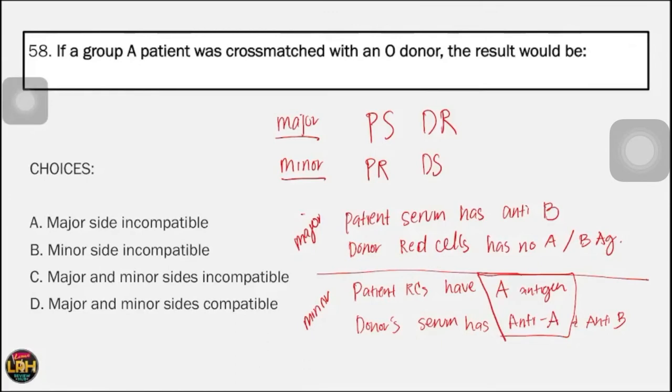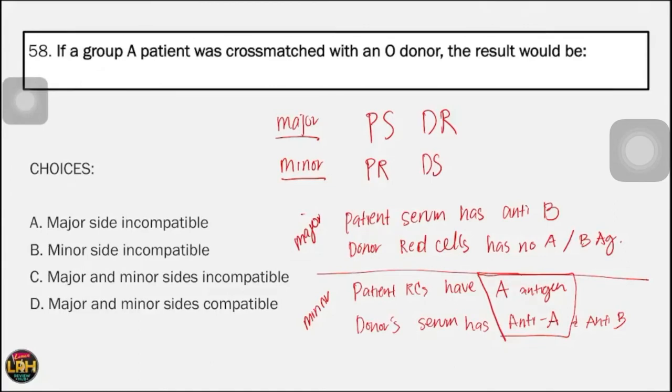So this is an important test before we do blood transfusion. The primary purpose of cross-matching is to detect ABO incompatibilities between donor and recipient prior to blood transfusion. And this is carried out to prevent transfusion reactions by detecting antibodies in the recipient's serum.